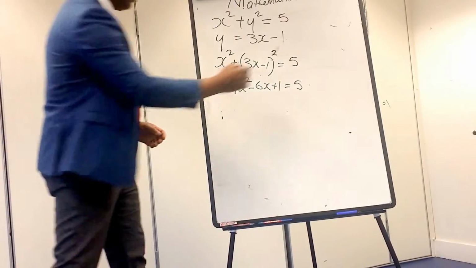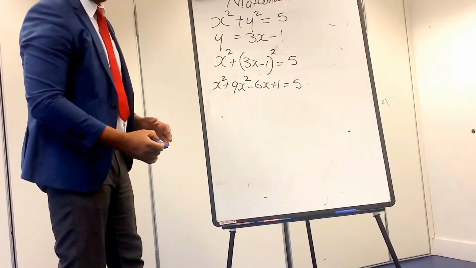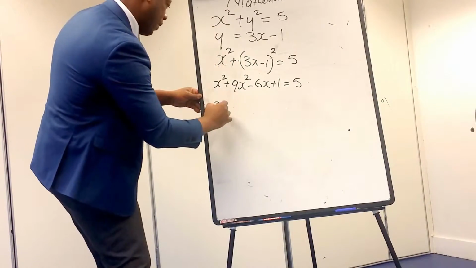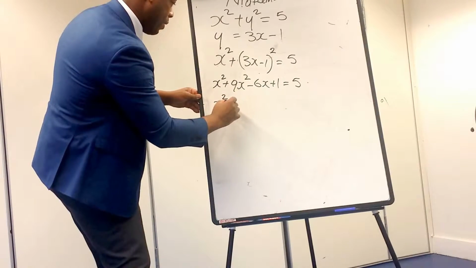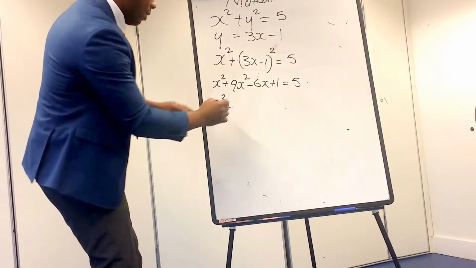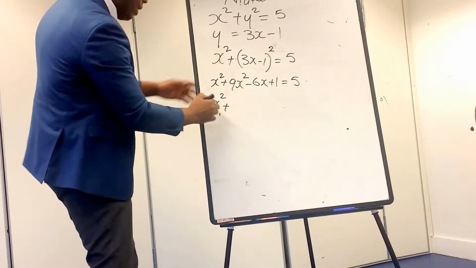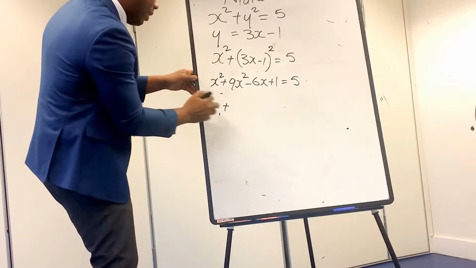Okay? So now we need to bring the 5 over such that we can equate the equation to 0. So we have x squared plus 9x squared. As a matter of fact, x squared plus 9x squared is actually 10x squared.